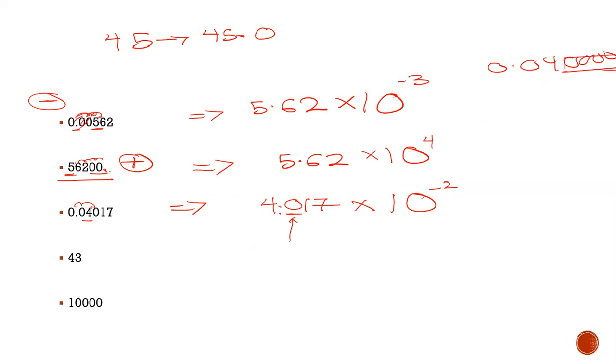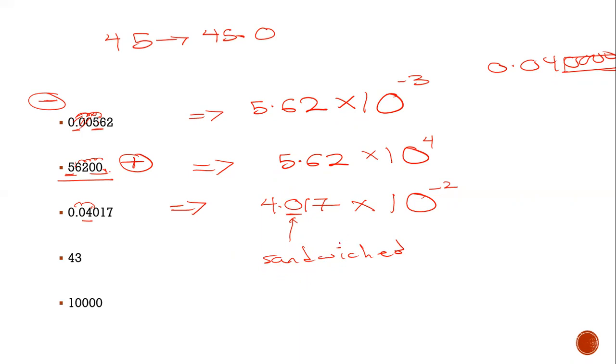But since this 0 is, I like to use the word, sandwiched between two real numbers, 4 and 1, you can't just ignore it. It's still significant in this situation. So it's like a sandwich 0.